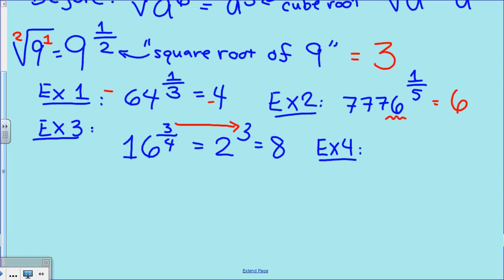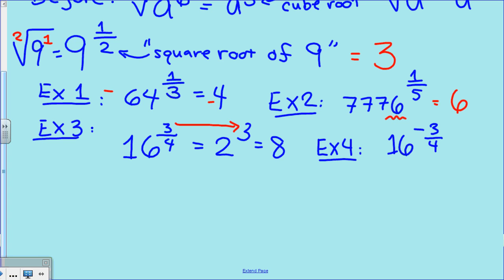Number 4. What if I did the same problem, but this time I'm going to take it to negative. Doesn't mean that our answer should be negative. The answer will go to the bottom.